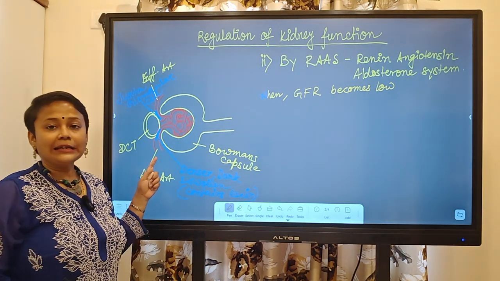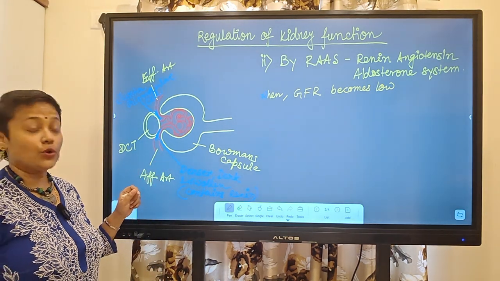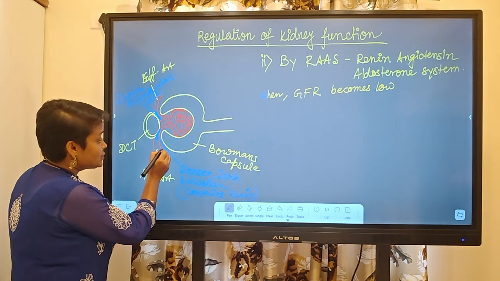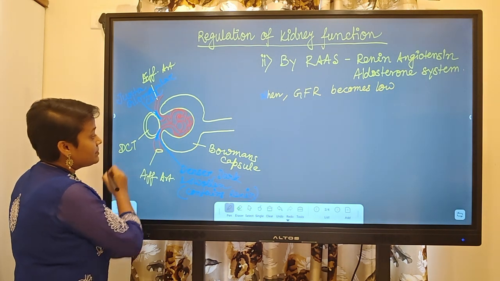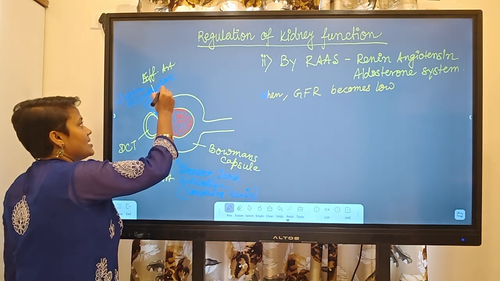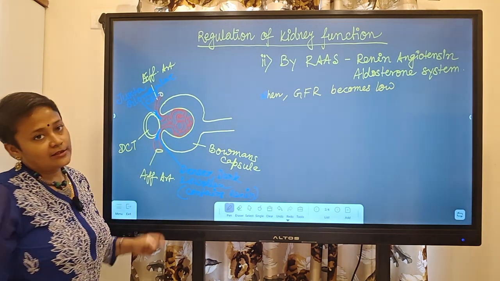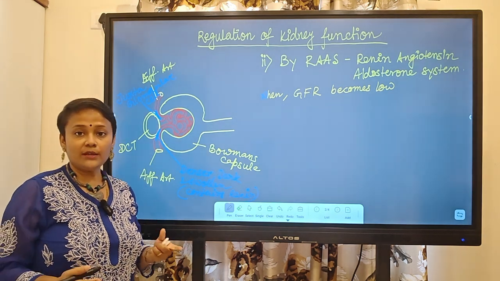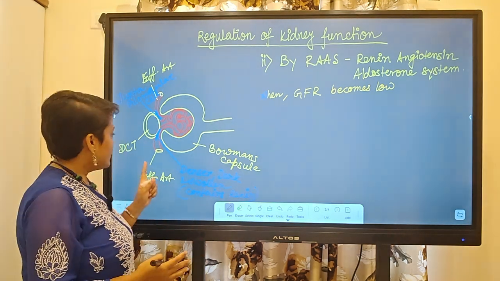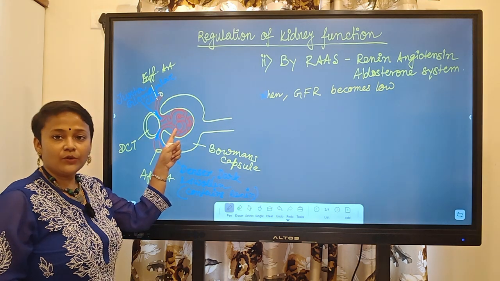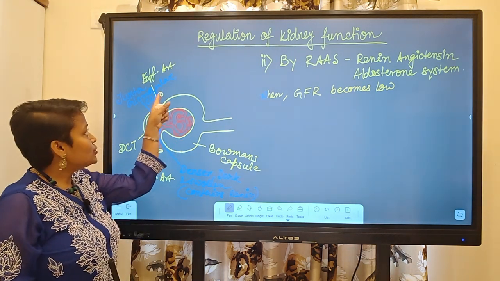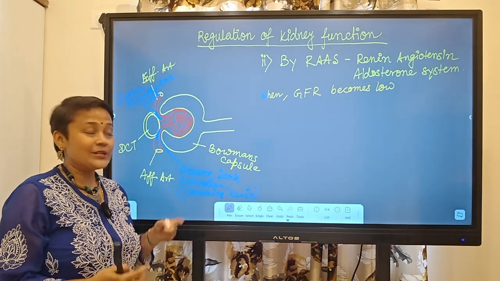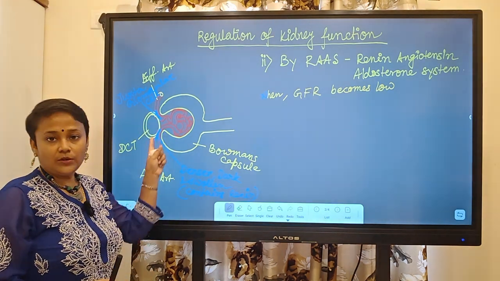So glomerular filtration rate mainly depends on the diameter of the afferent and efferent arteriole. So here I have drawn a much bigger diameter for the afferent arteriole, and for the efferent I have drawn a small one. Why? It is actually the pressure when the blood flows into the glomerulus and goes out through the efferent arteriole. There will be a pressure which will develop due to the diameter difference.